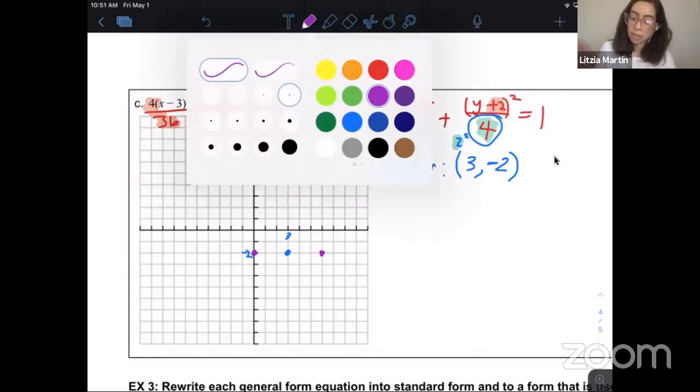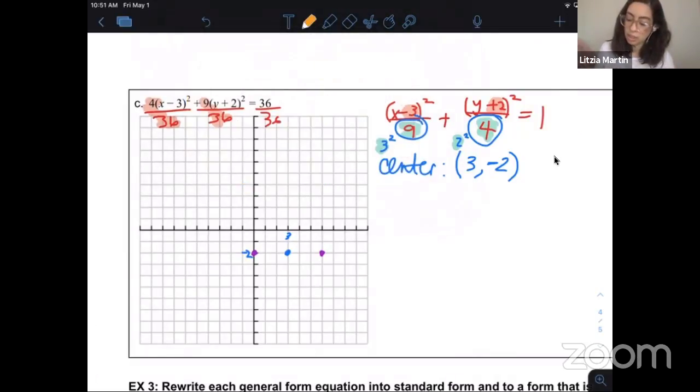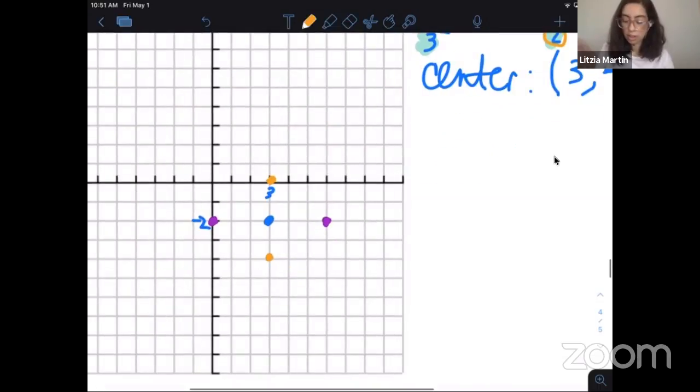And then my covertices, I'm going to go 2 in either direction, up and down. And there we go. We know that it's up and down because it's underneath y, right? Y is up and down, x is left and right. So once we got that, then we have our ellipse.